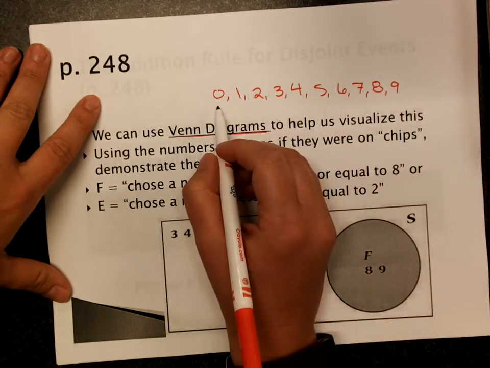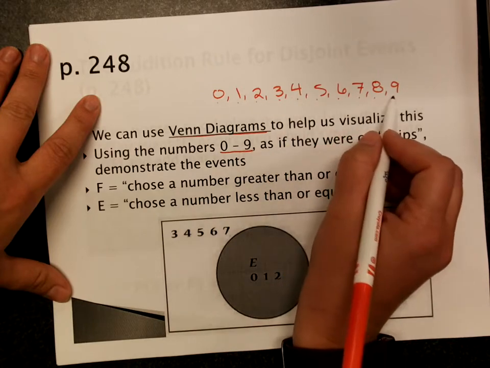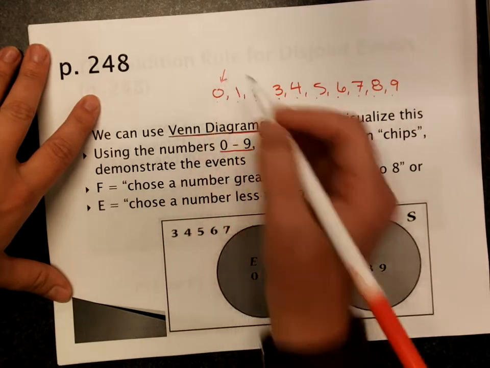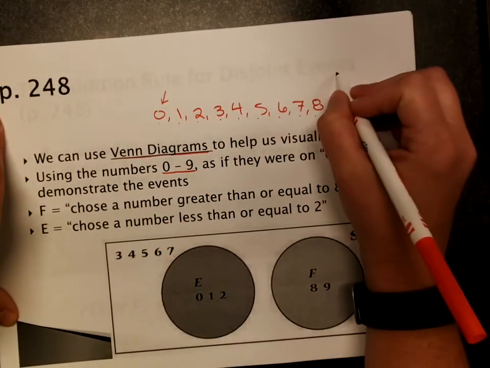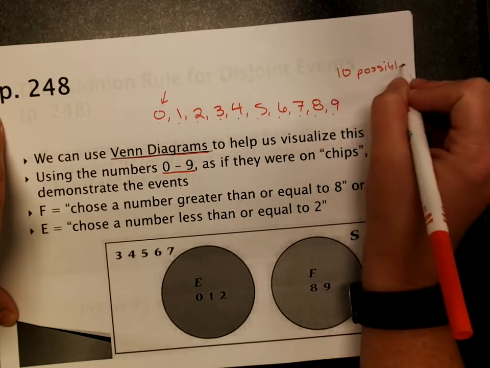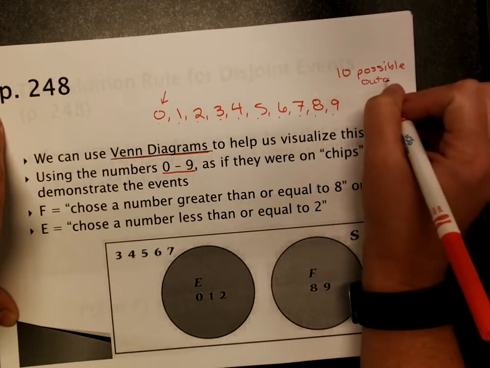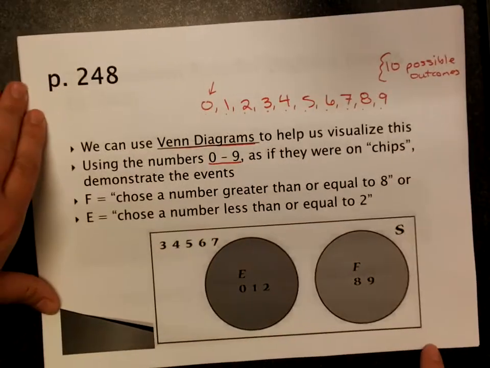That's actually 10 different digits, 1, 2, 3, 4, 5, 6, 7, 8, 9, 10, because we're including the digit 0 in the set. So we actually have 10 possible outcomes. 10 different digits, 0 through 9.